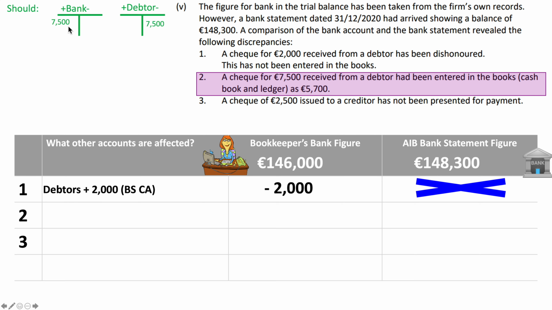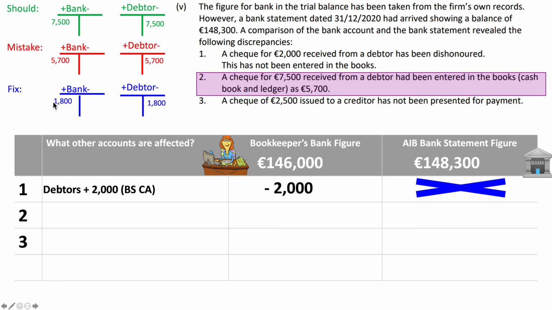If the bookkeeper received a cheque for 7,500 from the debtor, they should have debited the bank 7,500 and credited the debtor 7,500, because they no longer owe the business that money. What they did by mistake was put 5,700 in instead of 7,500 into the correct accounts. So how do we fix this?